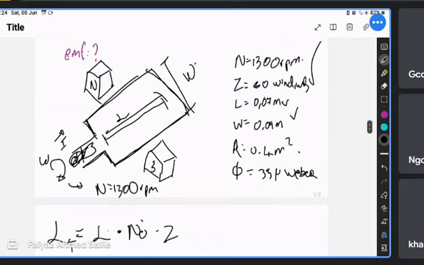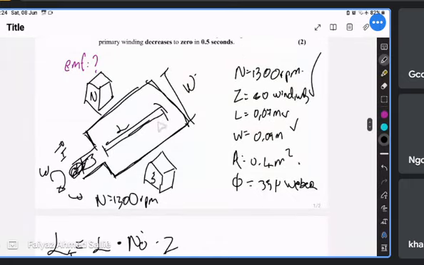This length is the length of the wire. We do not add this length and we do not add this length, because remember that these two wires are parallel to the magnets. You see these magnets, right?